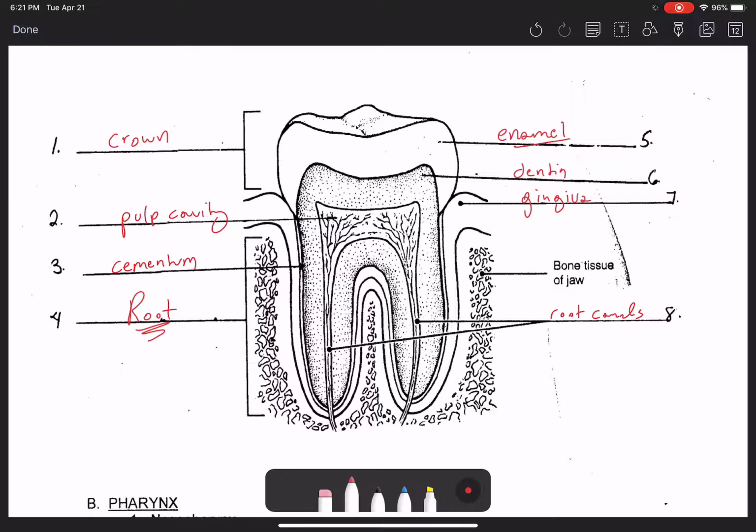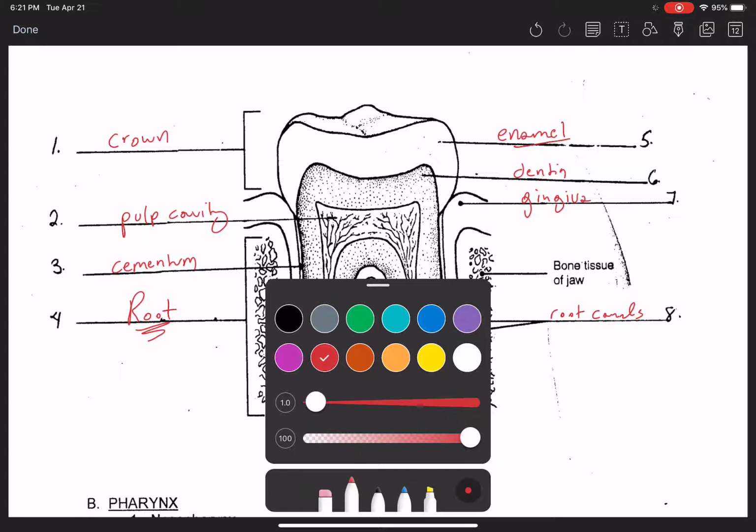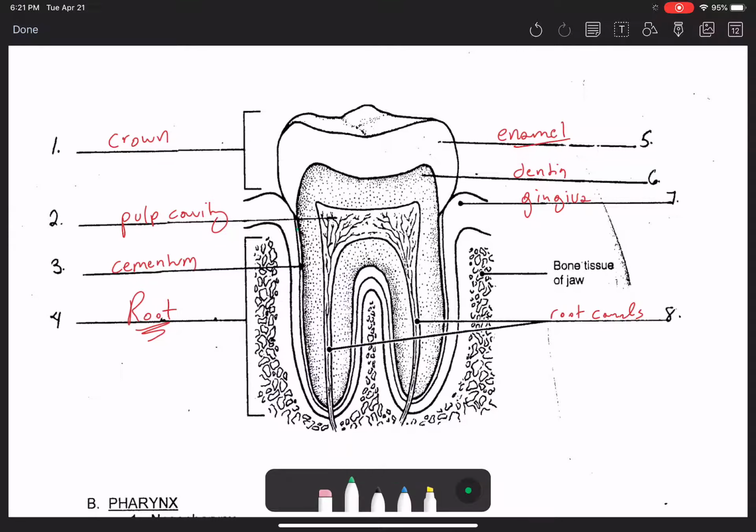And I think I'm going to change the colors here. I'm going to use green because it contrasts well with the red. So I'm going to highlight the cementum for you in green. It's represented by this very thin strip.